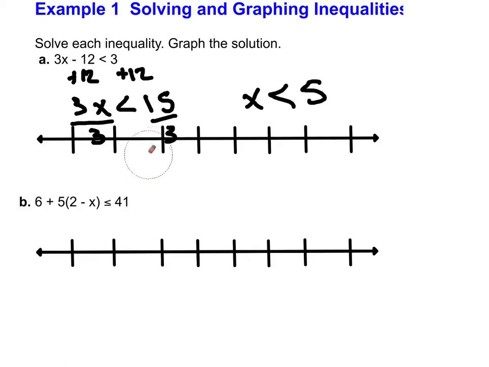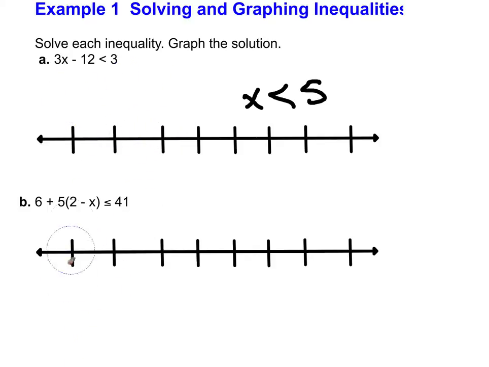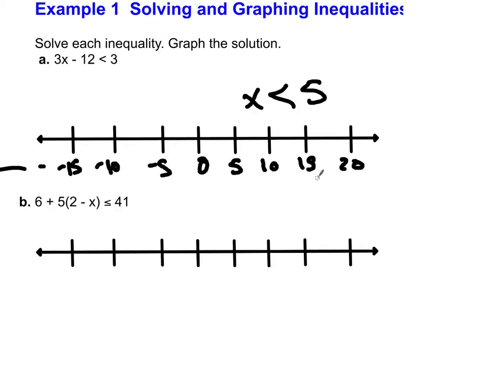So let's graph that solution on our number line. Let's say 0, 5, 10, 15, 20, -5, -10, -15, and it just keeps going forever on both sides. X is less than 5, so x is not equal to 5. It can't be 5.